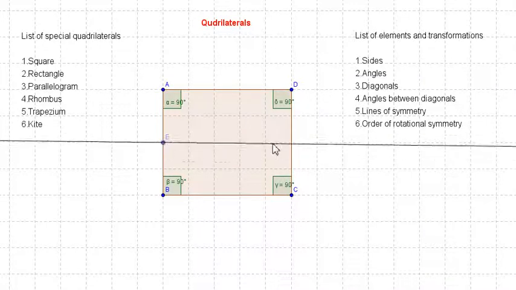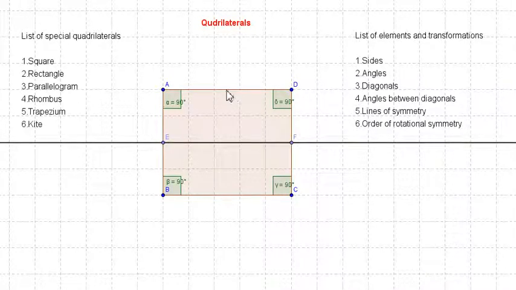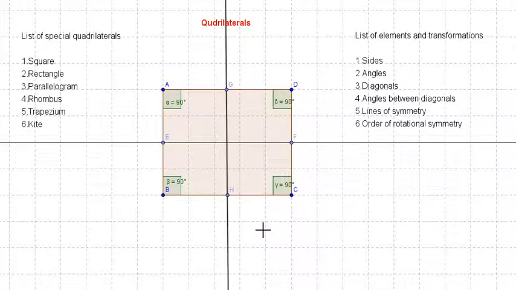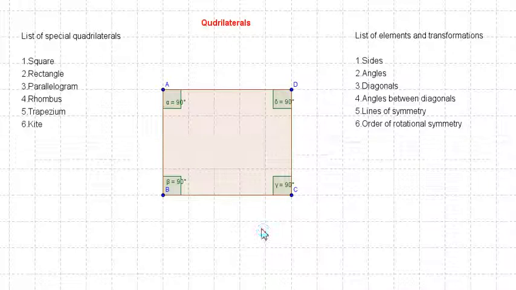If you say 2, you are correct. It has 2 lines of symmetry. Now, what is the order of rotational symmetry? It is also 2.